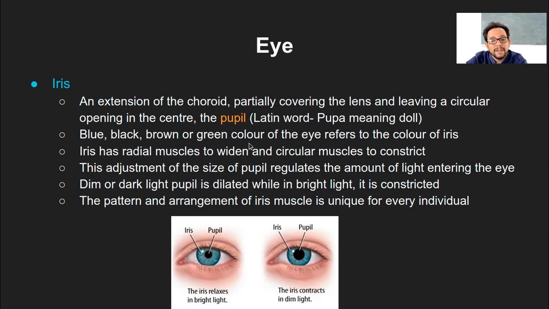It can be of any different color, that is blue, black, brown, green, gray, and so on. When you see a particular person has green colored eyes, that means their iris structure is of green color, and this is decided by different genes or genetic factors. Based on their combination of which genes are expressed more or less, they will have that particular color.